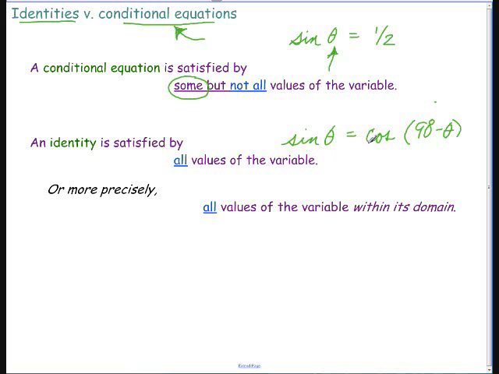The sine is always equal to the cosine of the complementary angle. So an identity, all values work. Or, actually, if you want to be really accurate here, all values within its domain. There may be some values that you can't use, and we know that that's true for some of these trig functions where we have asymptotes.